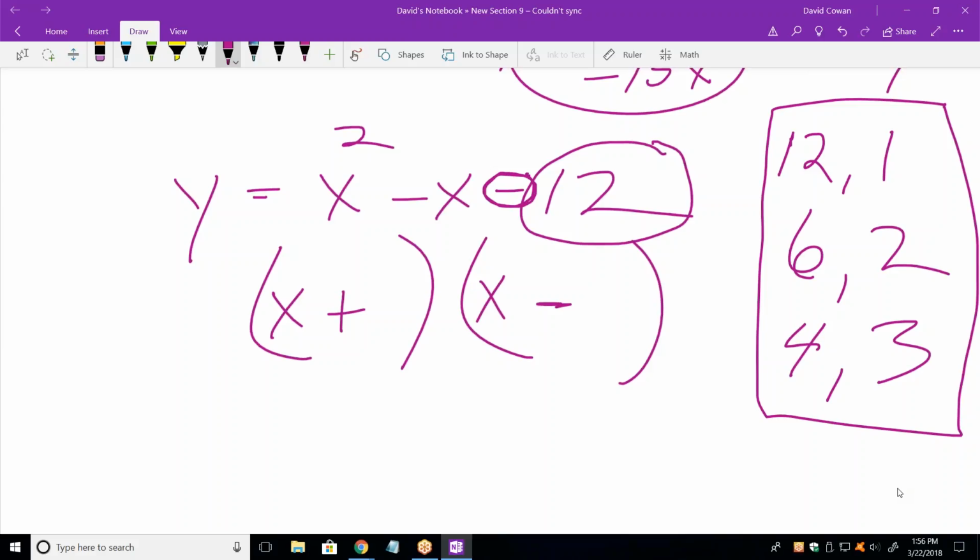What's the coefficient of the middle term? It's 1. It's -1, but forget the negative sign for a moment. It's 1. So which factors subtract to the number 1?